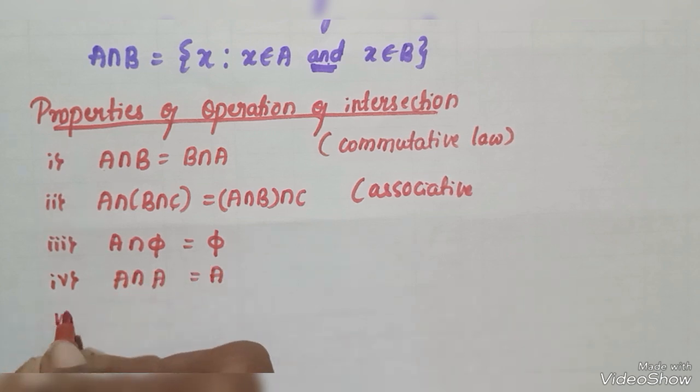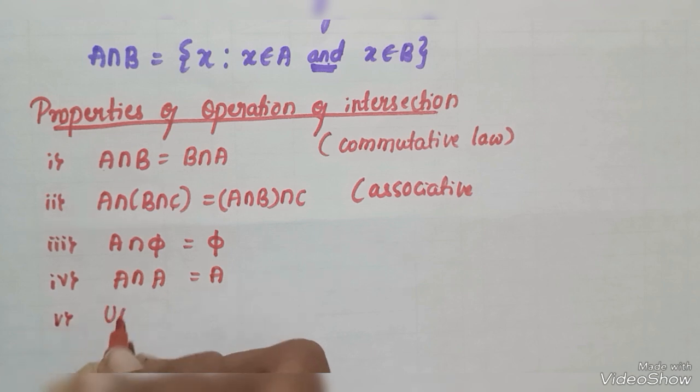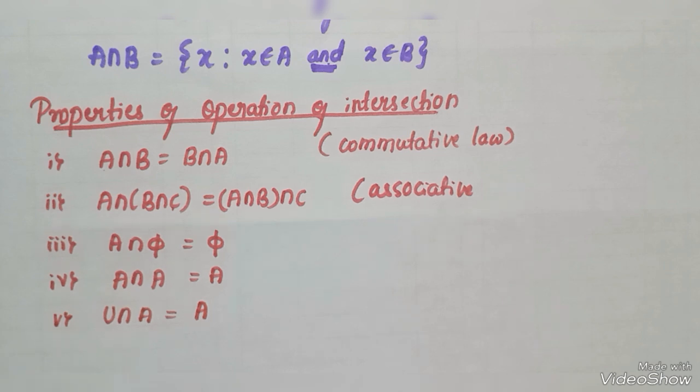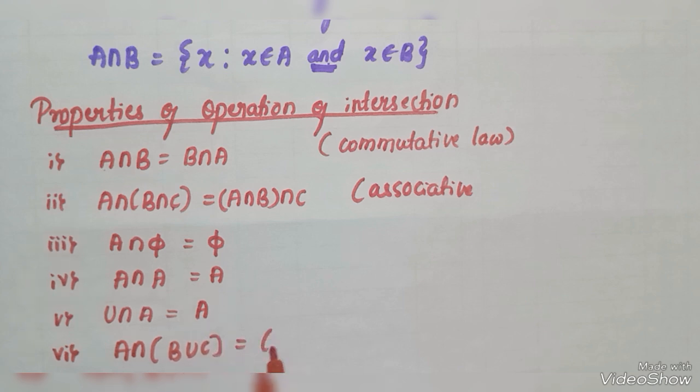Then the law of union: A union A is equal to A. Okay, next another important formula or property: A intersection (B union C) is equal to (A intersection B) union (A intersection C).